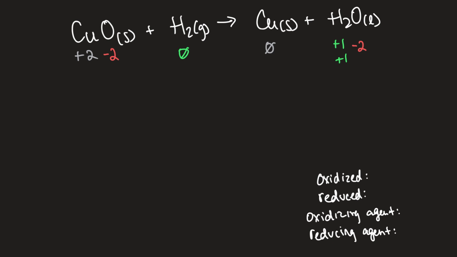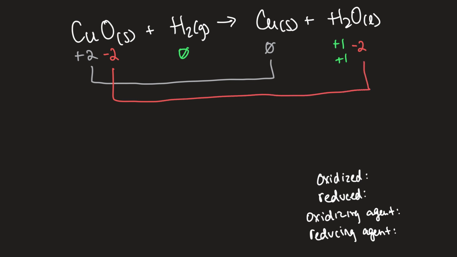Now, we're just going to pair them up to see how they change and if they change. I'm pairing up each of the substances, and that's why I'm using the very specific colors here. Let's start off with copper. Copper starts off with a +2, and then it becomes 0.